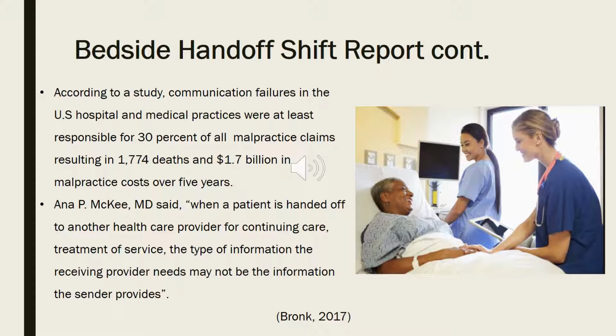Dr. Mickey said, when a patient is handed off to another healthcare provider for continuing care, treatment or service, the type of information the receiving provider needs may not be the information the sender provides.